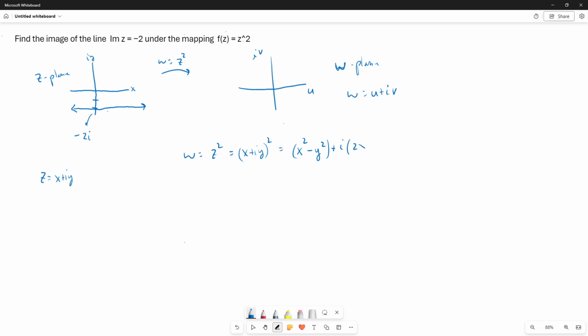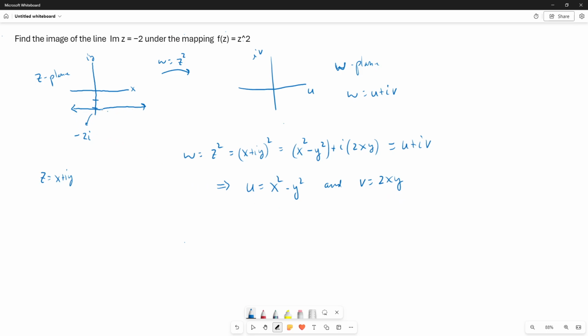So the real part of z squared is x squared minus y squared. And the imaginary part of z squared is 2xy. And this is the variable w, so this is u plus iv, which means that u, the real part, is equal to x squared minus y squared, and v, the imaginary part, is 2xy.